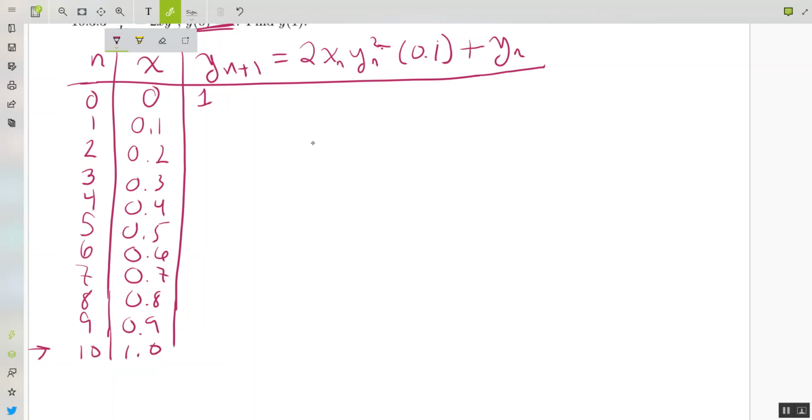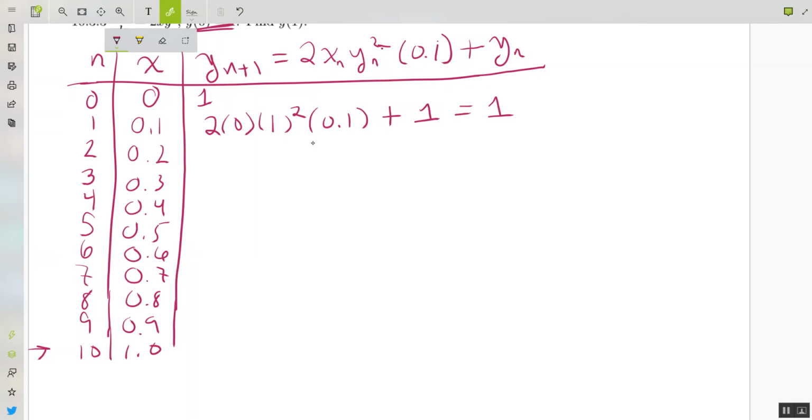Me! Okay. So for this first one, I'm going to have 0, because that's my value of my differential equation. My previous x value, which was 0, times my previous y value squared, times my h, plus my previous y value of 1, and that's unsurprisingly going to be 1. Boring. Let's move on to the next one.